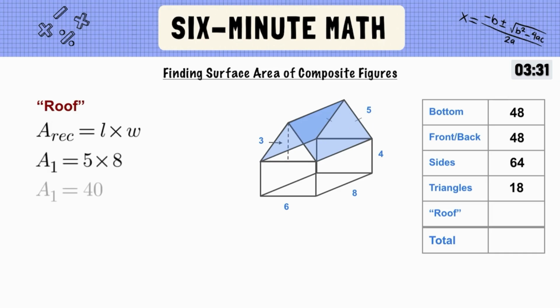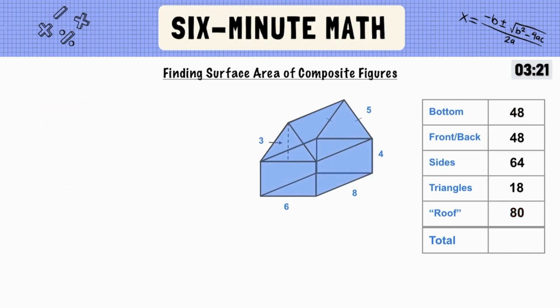So one of those roofing panels is 40, making two of them 80. We add up all of our sides, 48, 48, 64, 18, and 80, for a final surface area of 258.